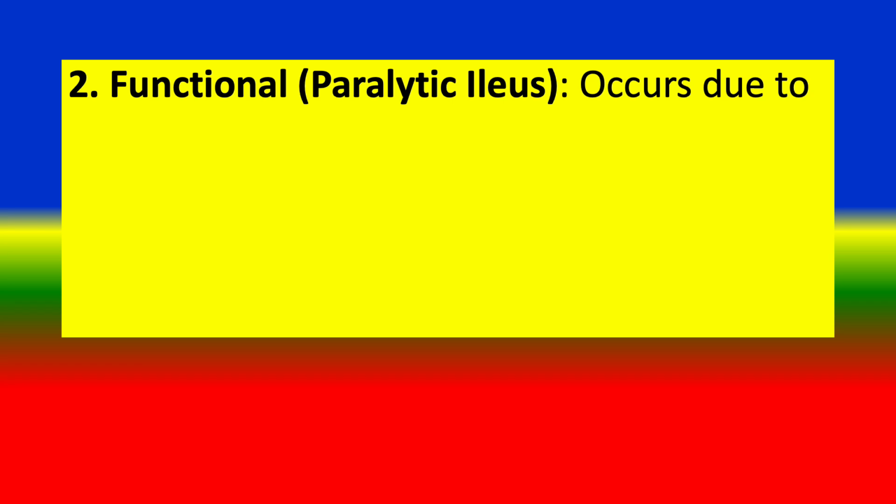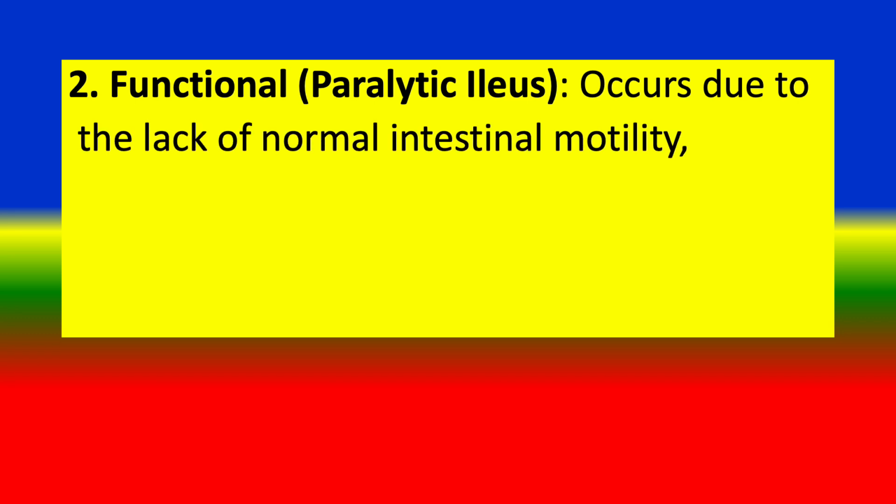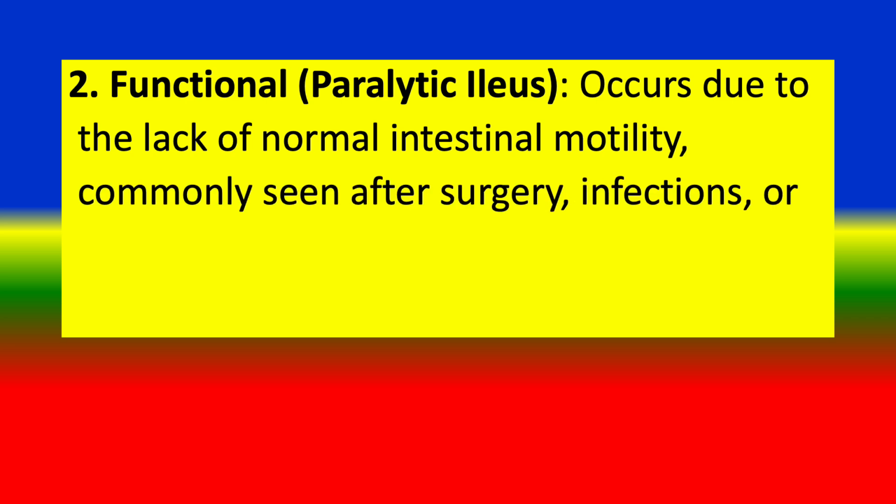Functional, paralytic ileus, occurs due to the lack of normal intestinal motility, commonly seen after surgery, infections, or nerve damage.